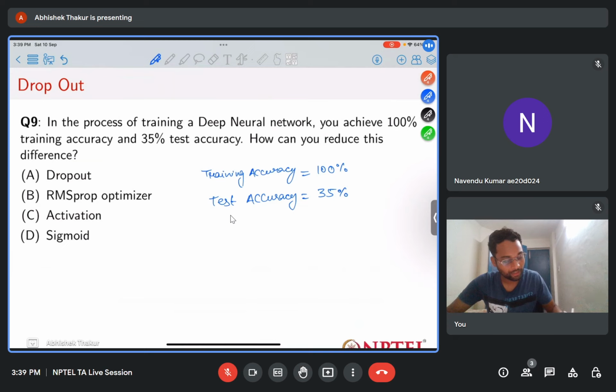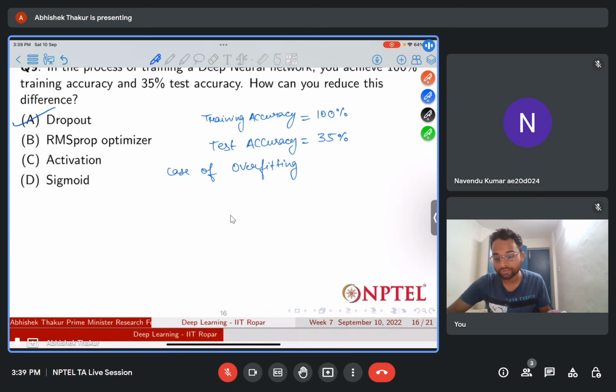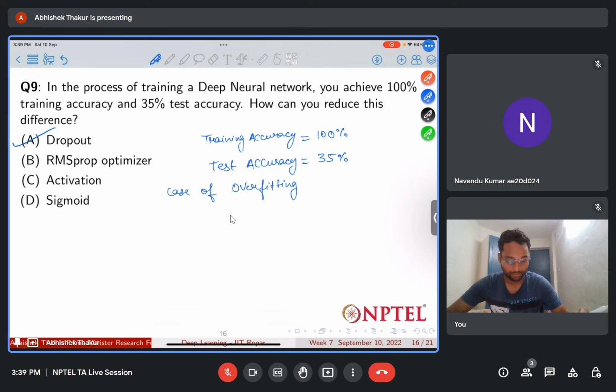Here you can see this is a case of overfitting, because the model is working well on the training dataset and failing on the test dataset. This can be reduced using the dropout technique. Dropout ensures redundancy and robustness, and it also reduces the overfitting.